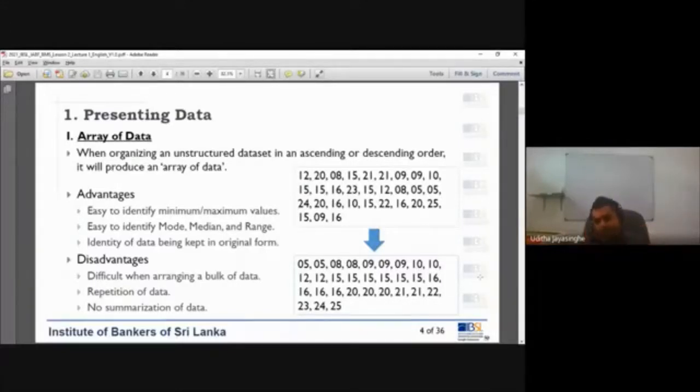So why do we do this? For instance, if you are looking at maybe 20 to 30 items, it's perfectly fine to put them in a visual ascending manner where your eyes will be able to easily understand what the data set is all about: the lowest value, the maximum value, approximately what the mean value is.